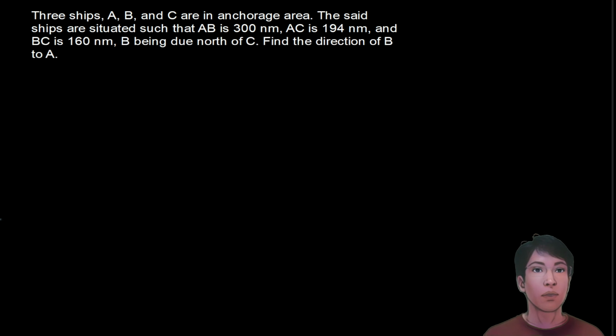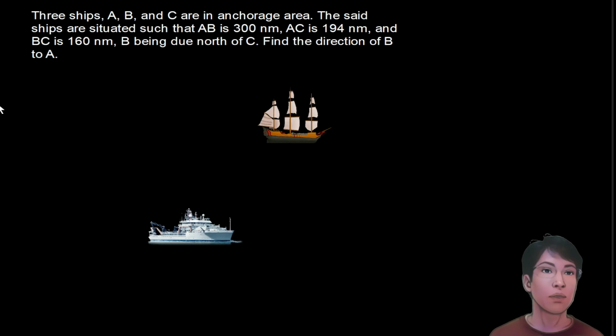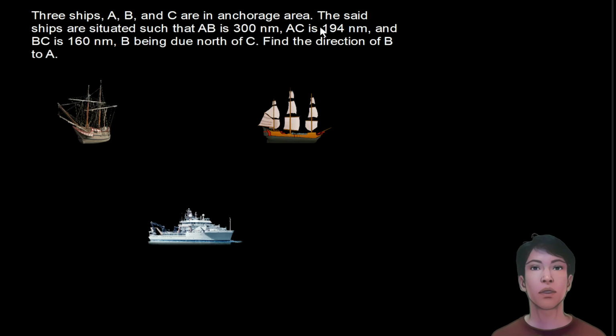All right, so we have 3 ships, A, B, and C. So let me designate this one as A, and that's this B. So we have 3 ships. A, B, and C are anchorage area. So A to B is 300.